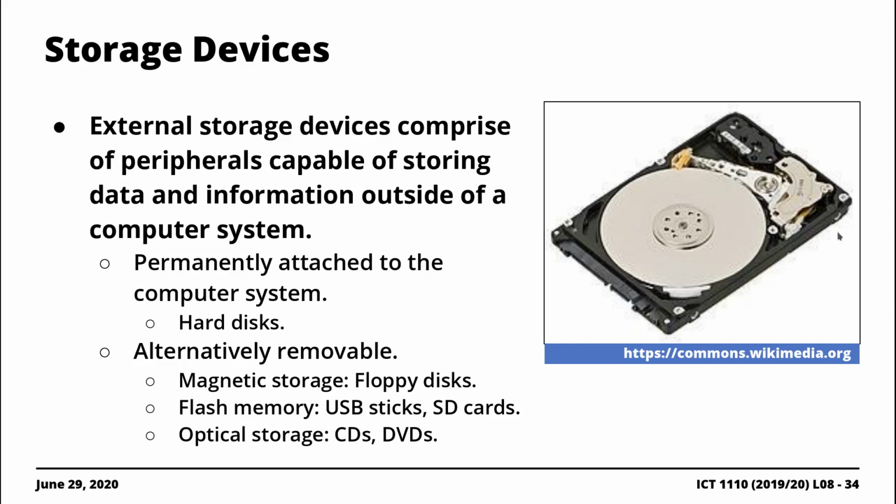Your typical hard drive will typically be embedded with a hard disk inside, right? The hard drive is what we're referring to as a storage device. The same goes for your so-called thumb drive or USB drive.